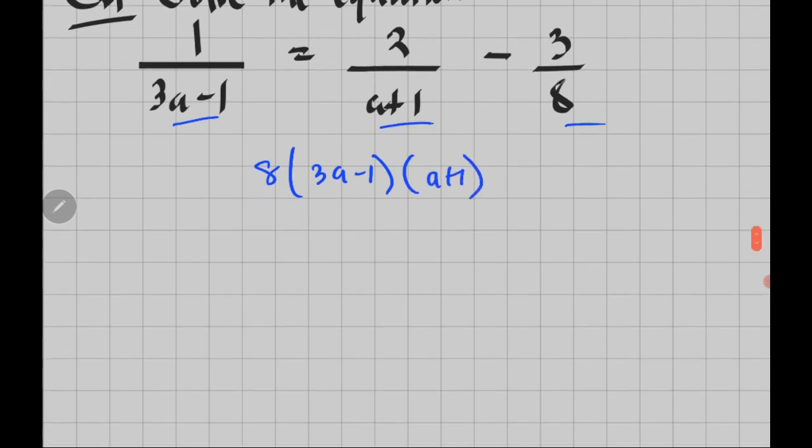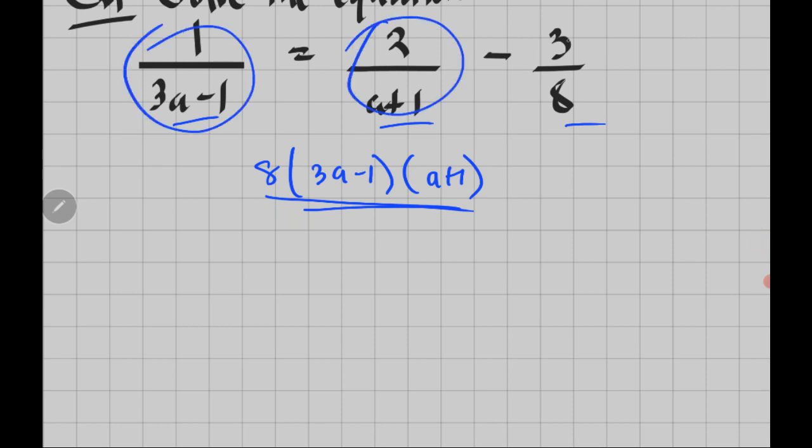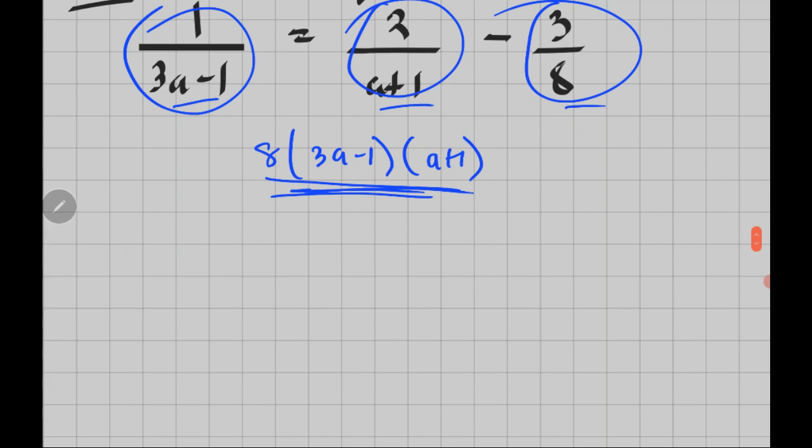What we have to do now is to multiply each of these terms by our common denominator. So a times 3a minus 1 times a plus 1 times 1 over 3a minus 1.